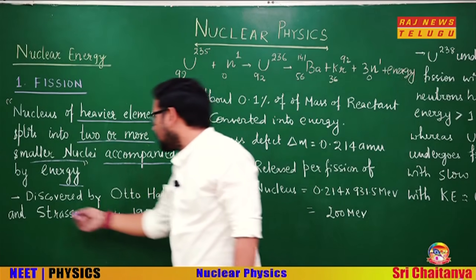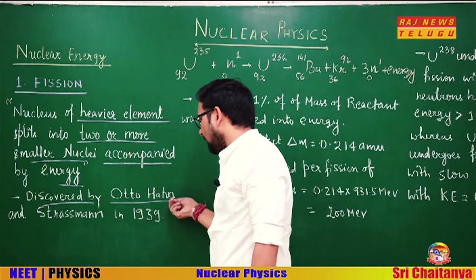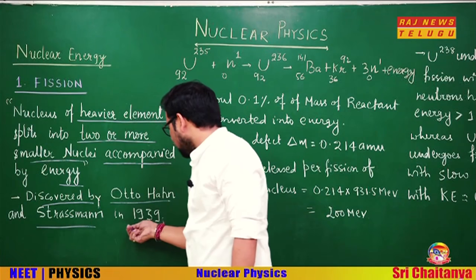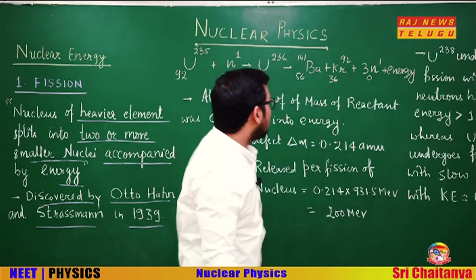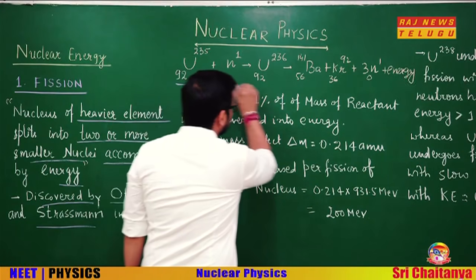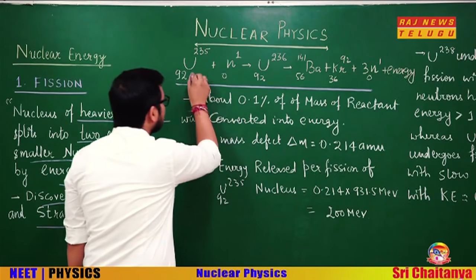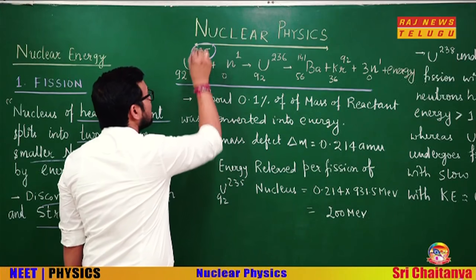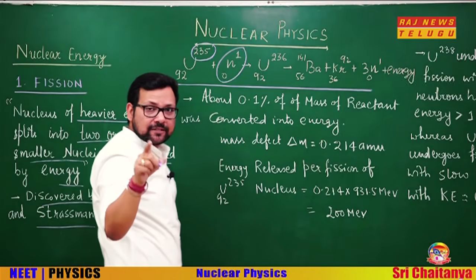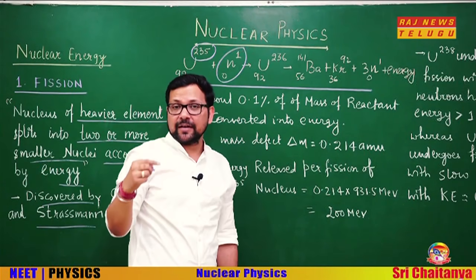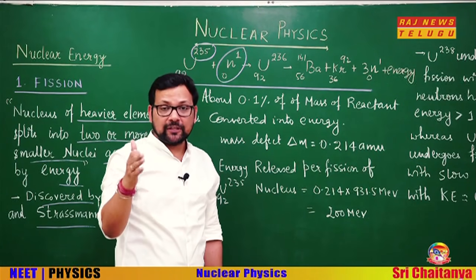Fission was first discovered by Otto Hahn and Strassmann in 1939. Let's see what they did. This was the reaction. They first took uranium-235 and bombarded it with a neutron, which, as we discussed, is preferred as a nuclear projectile.